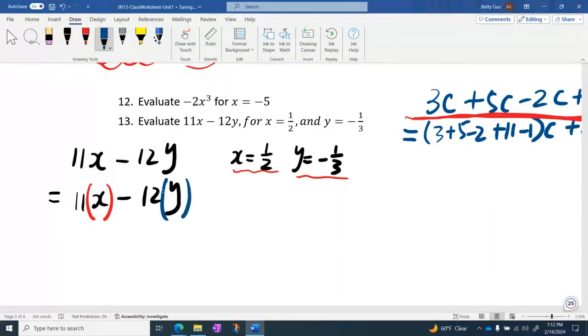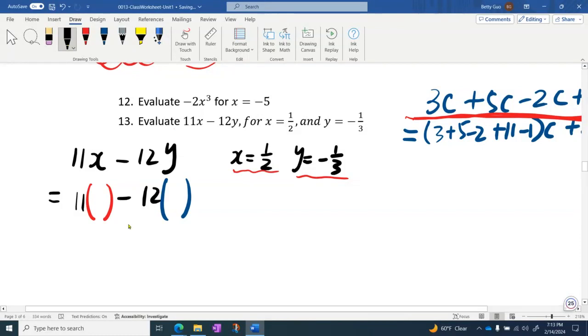I use 2 different colors. I use a red color to frame x and a blue color to frame y, because we have two different variables, right? Remember, the red parentheses is holding the place for x. The blue parentheses is holding the place for y. And now we know what to put in the parentheses.